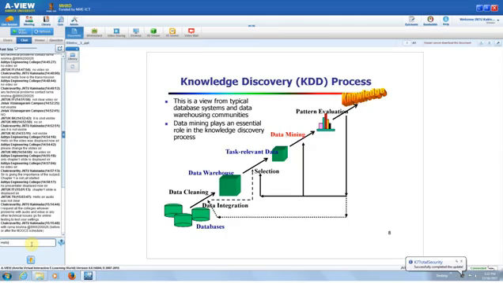What is this cleaning step? What is this warehouse in between? What is this task relevant data? Then mining, then the pattern evaluation. What is all this? It's quite confusing for you, right? No confusion. I'll clear everything. Don't have any confusion.